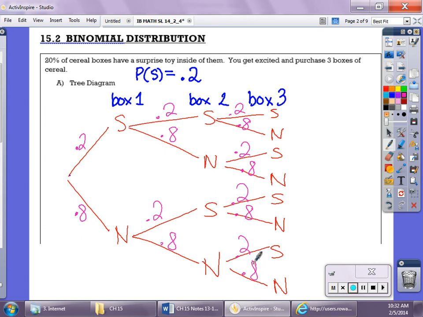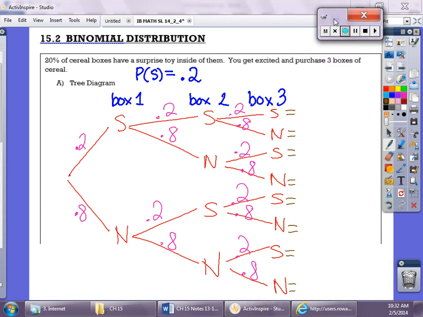Alright, at the end here, I'm going to write the probabilities, but I'm not going to find the values. I'm just going to write them the way they're showing up, and I may simplify them so I see them a little differently. So the first one is 0.2 times 0.2 times 0.2, which would be 0.2 to the 3rd power.